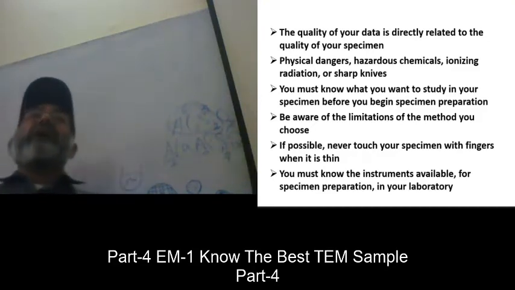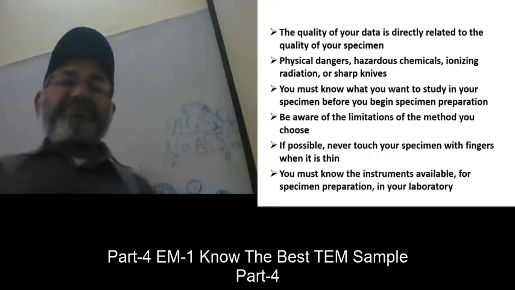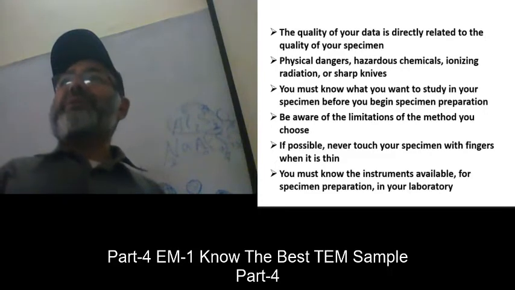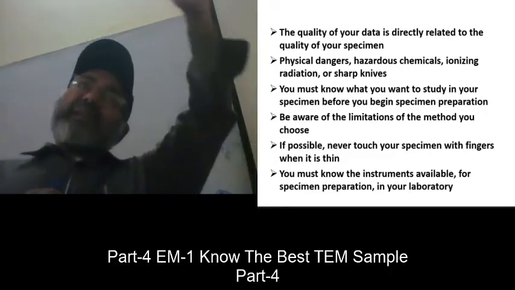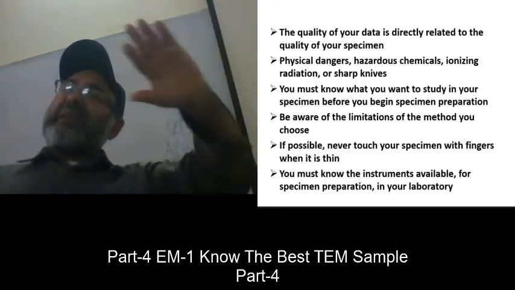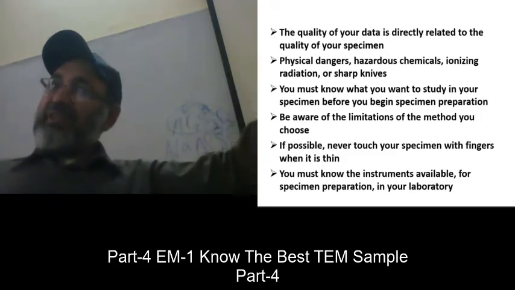Similarly, if the sample is metallic, then you don't need to coat it, because when electrons come onto the sample, they are earthed with the machine or with the other parts of the machine.